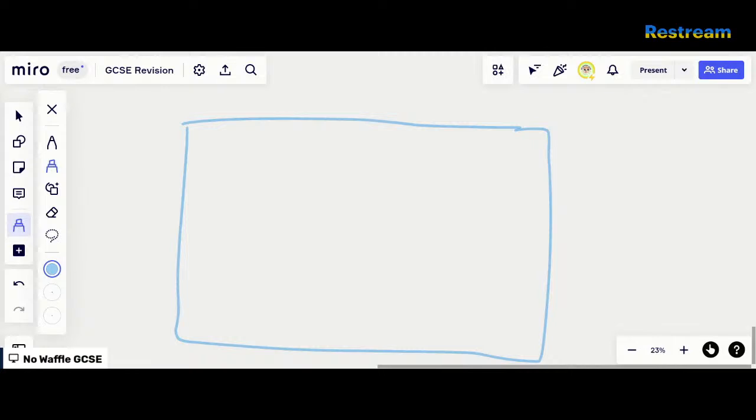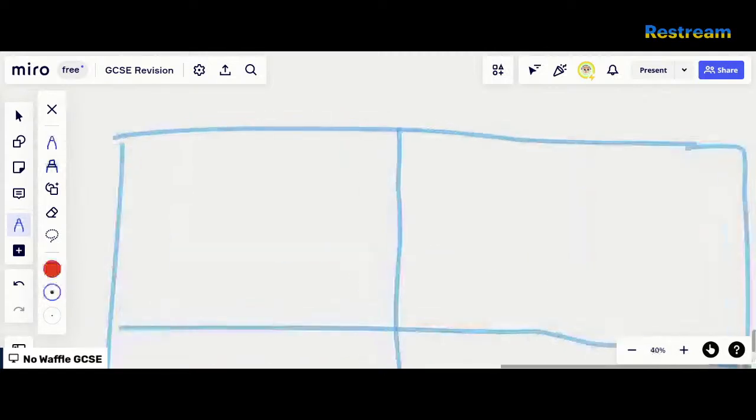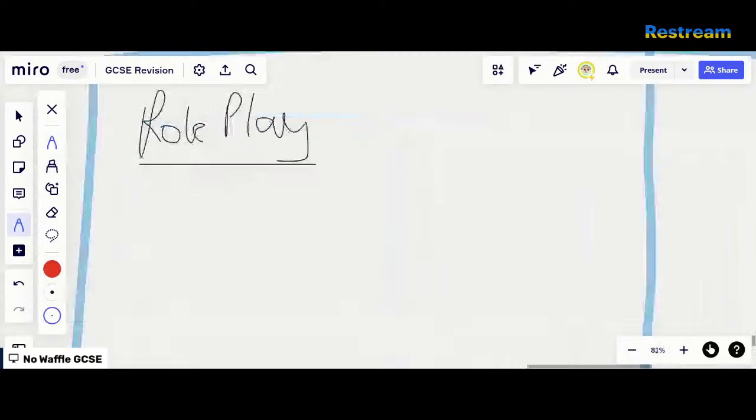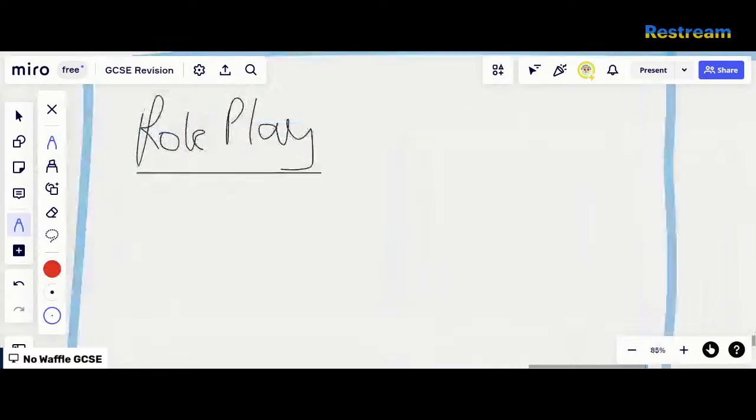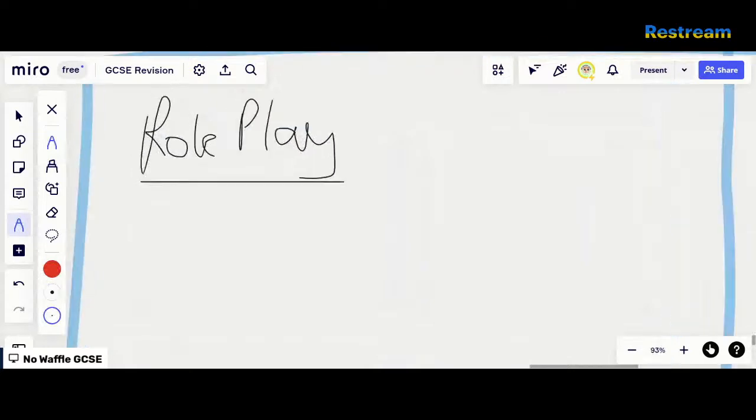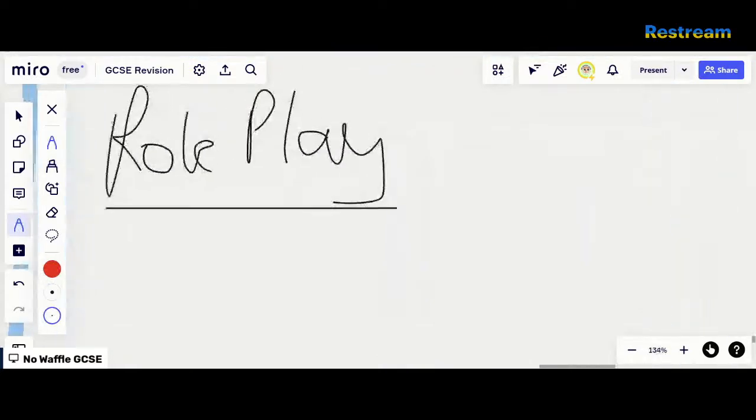Now, the role play is the first task, and in this role play task, this is the most basic simple task, and it's in the foundation. Now we're going to be going over the higher structure if that's important as well. So the role play, this is going to last 2 to 2.5 minutes long.